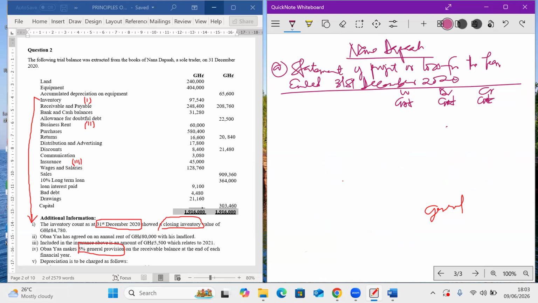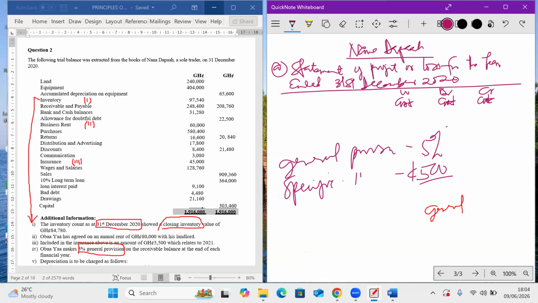General provision is always in percentage. Then we have specific provision. It is always an amount, let's say 500. Do you get the difference?